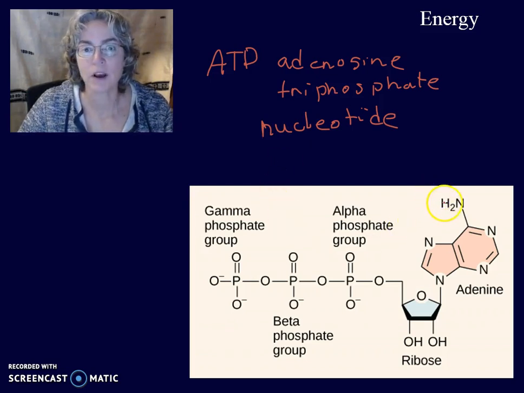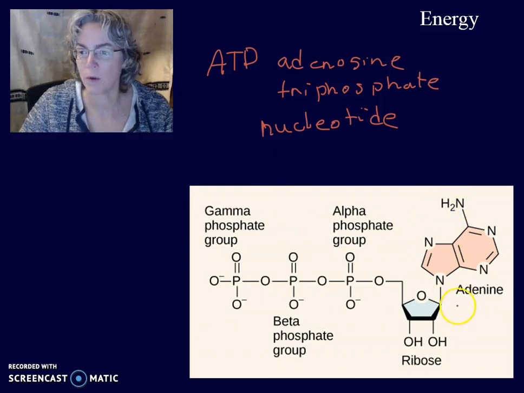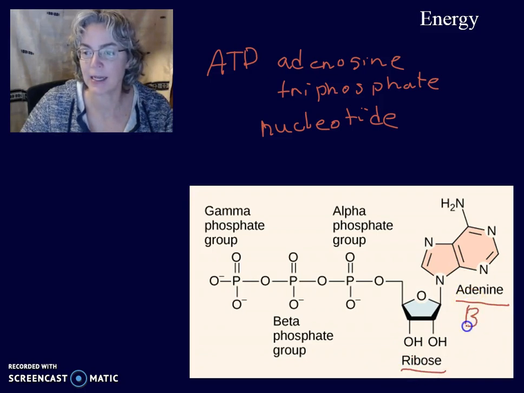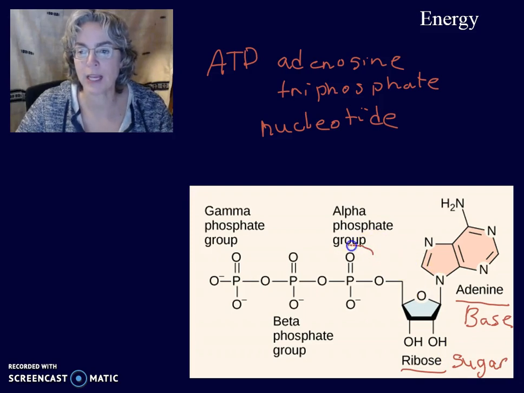The parts of the ATP molecule are adenine, which is a base, ribose, which is a sugar, and 3 phosphate groups.